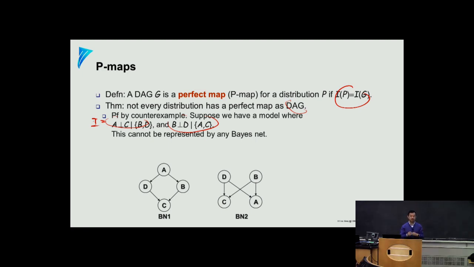Now I ask you, do you have a perfect map in the form of a DAG? These are two maps. Are they perfect? Are they equivalent to this I set of P? Yeah. B2, the second one. Uh-huh. So that looks like it's equivalent. Really?